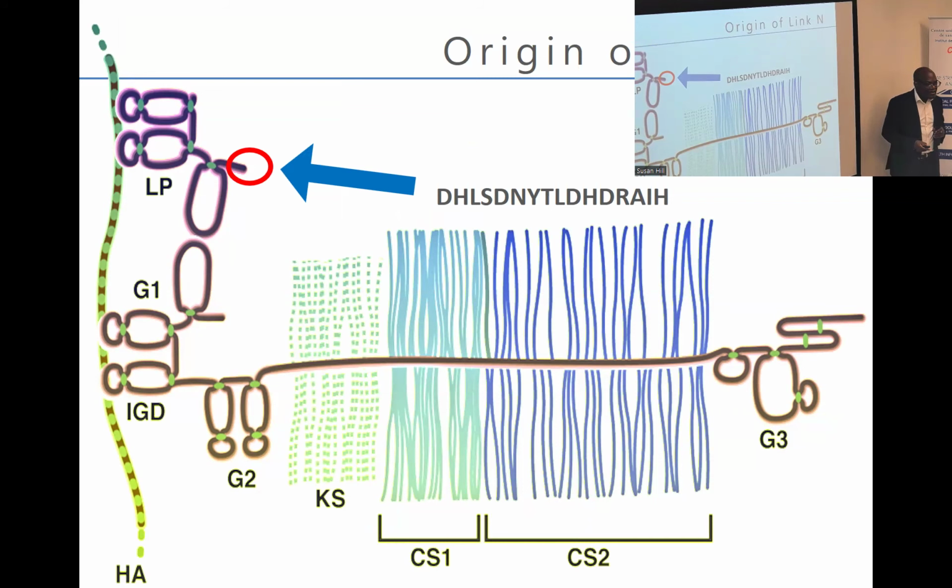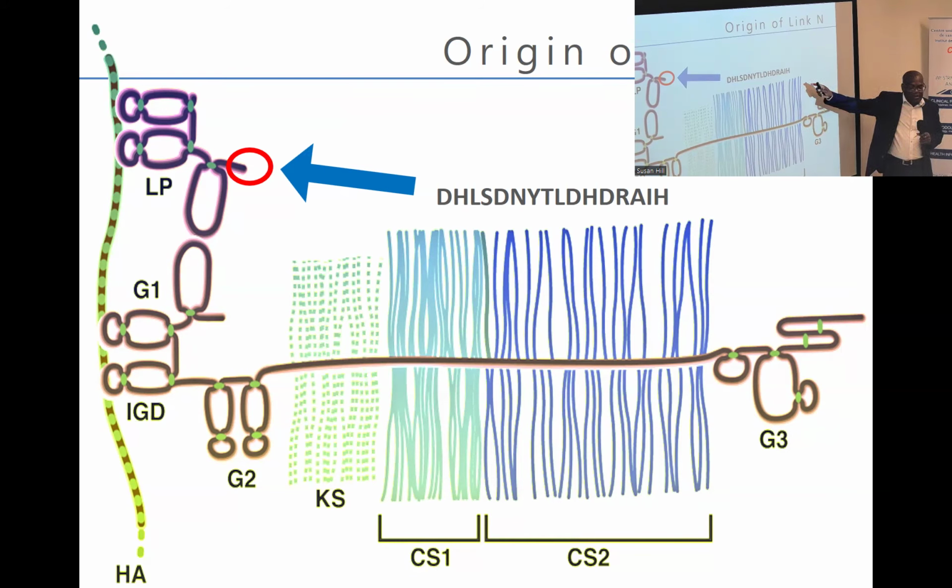Now, a couple of years ago, we came across a peptide. What you are seeing are called proteoglycan aggregates. That is called link protein, and link protein stabilizes the binding of the G1 domain to the whole structure. During tissue turnover, there is cleavage of this 16 amino acid peptide.